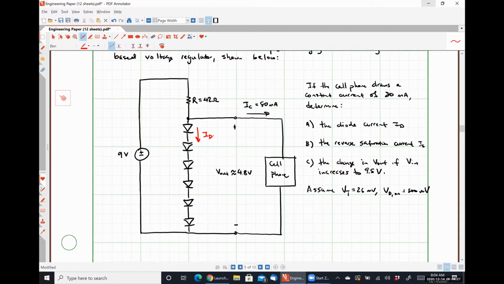Anybody have any problems with that? So this would be another current that we could find, IX, the current leaving our power supply that we're regulating the voltage down to 4.8 volts. So anybody have any ideas on how we might calculate IX?